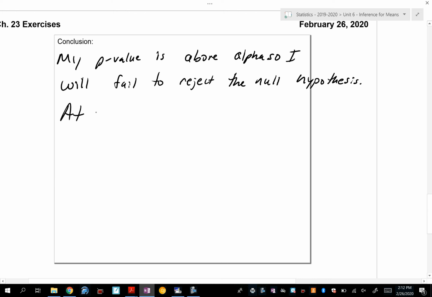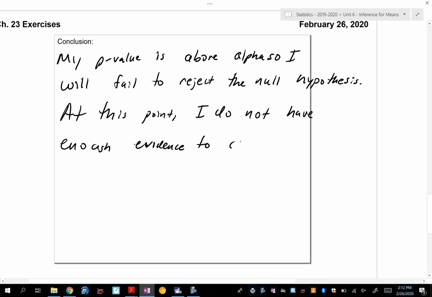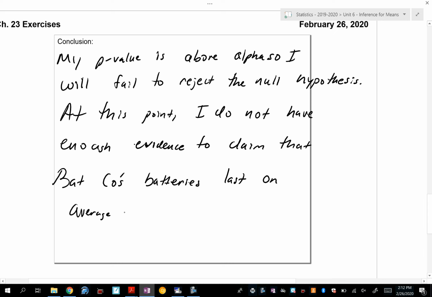So at this point, I do not have enough evidence to claim that Batco's batteries last on average longer than 5 hours. Now, I just said a lot more words than I really needed to there.